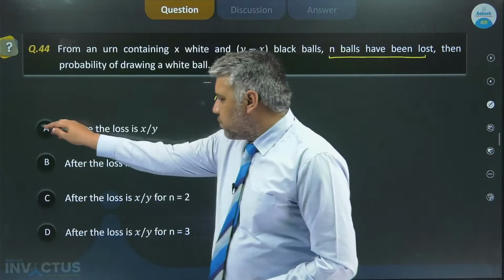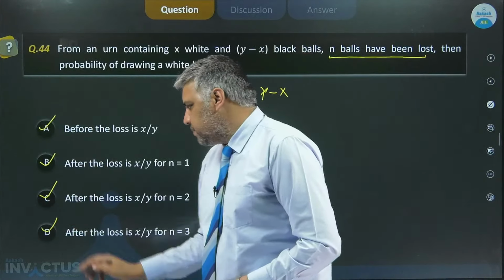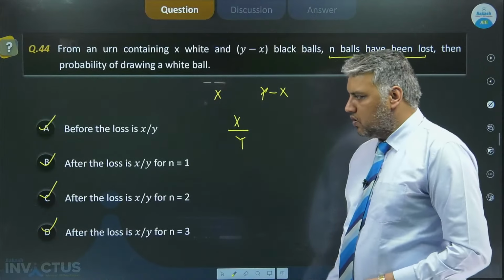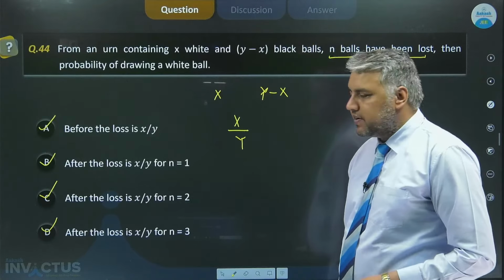So all the 4 options must be correct options. In all the 4 options, the probability is given as X by Y.